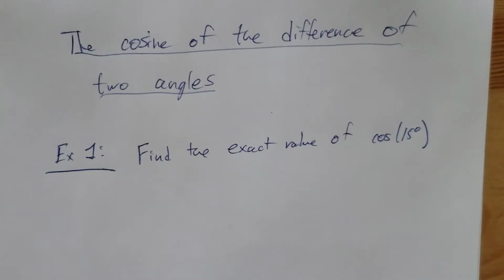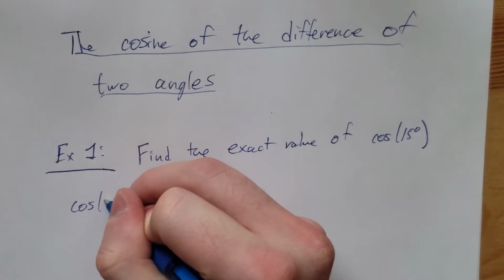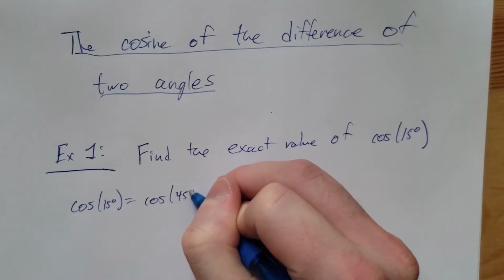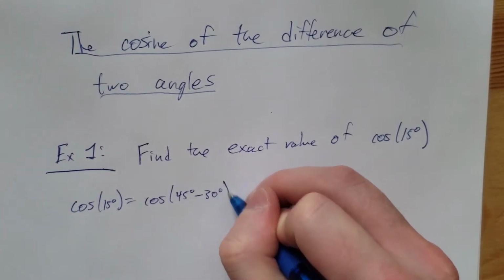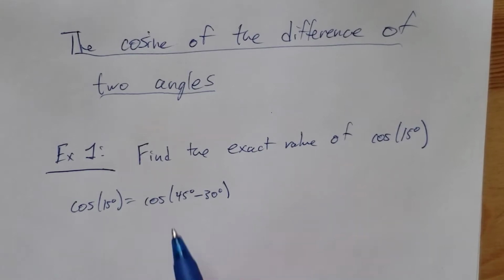To solve this, we should recognize that cosine of 15 degrees is the same as cosine of 45 degrees minus 30 degrees. Right? 45 minus 30 is 15, so these two things are equivalent. Then we apply the formula for the cosine of the difference of two angles.